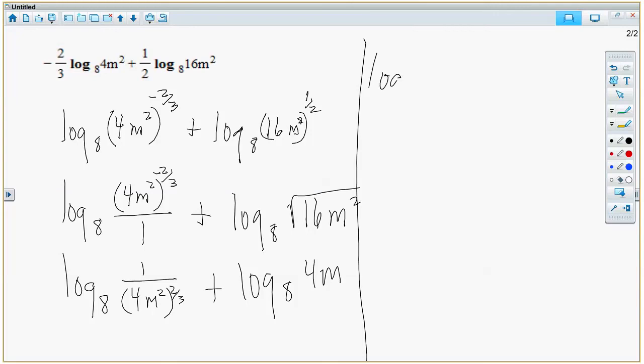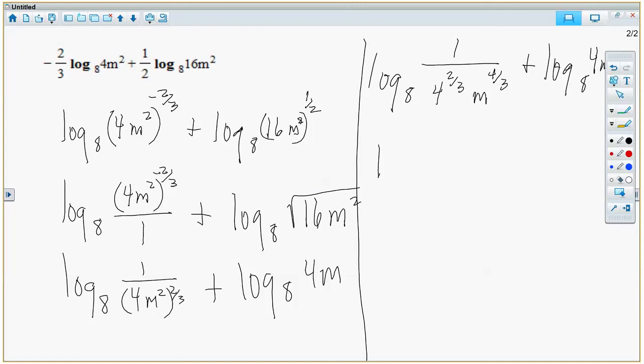Log base 8 of 1 over 4 to the 2/3, and that's going to be m to the 4/3, plus log base 8 of 4m.